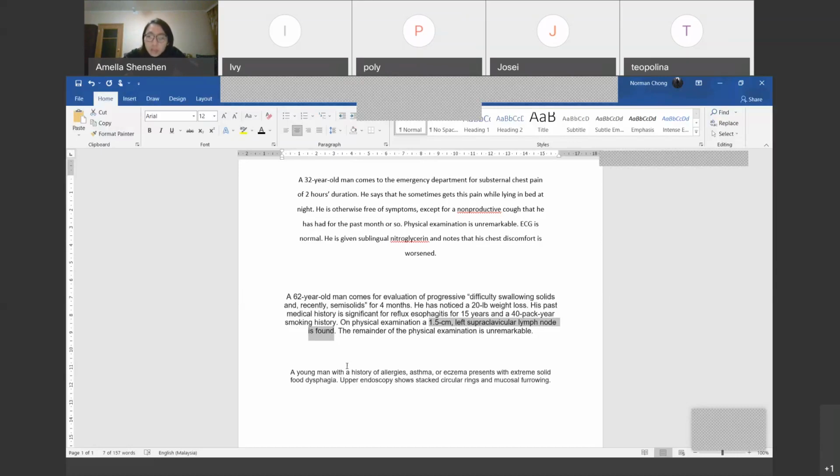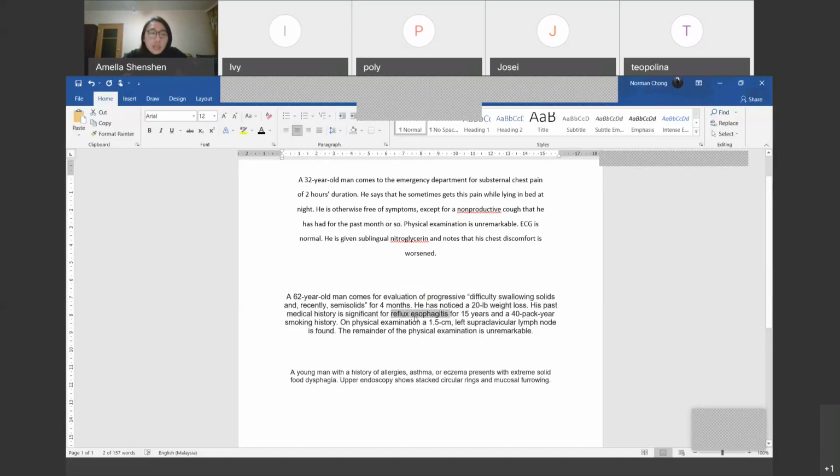What else? What else did I want to say now? Right. And to check the reflux esophagitis, confirm that it's reflux esophagitis as well. We unfortunately don't have time to talk about reflux esophagitis, but GERD itself, right?